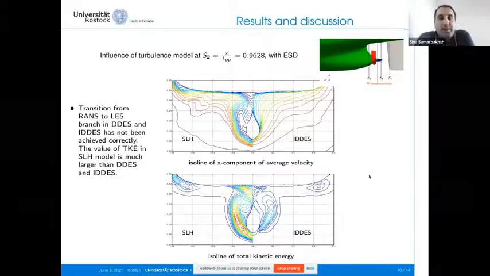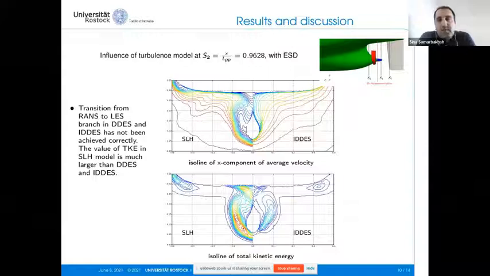Here I want to compare streamwise velocity and also TKE with 2 different turbulence models. This result is calculated for the location S2. Again, if you look at the top right picture, you can see the location S2. When we use SLH and IDDS, SLH, as I already mentioned, is a short form of shielding Lemos hybrid turbulence model.